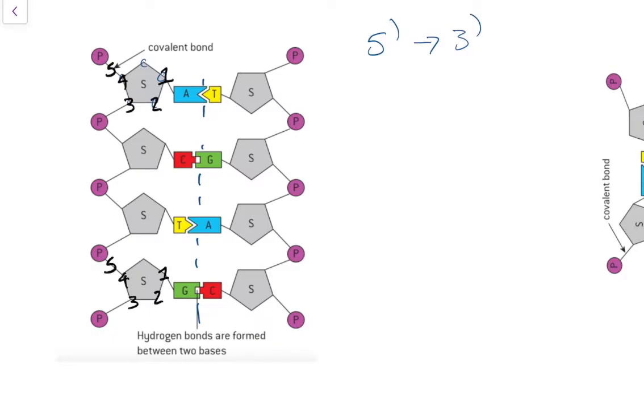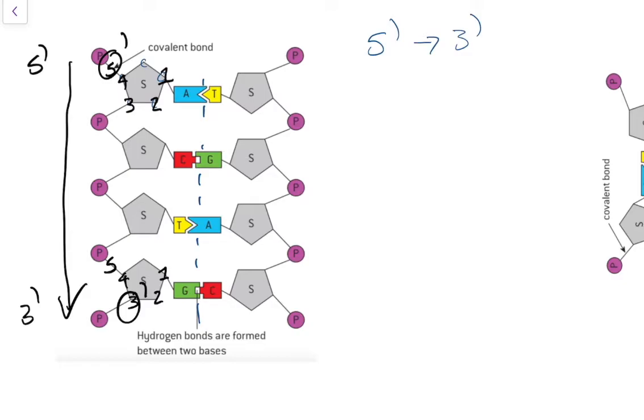We can see that the top is 5, so we call that end 5', and the bottom is 3, so that's 3'. So if we look down in that direction, going top to bottom, it is a 5' to 3' direction.